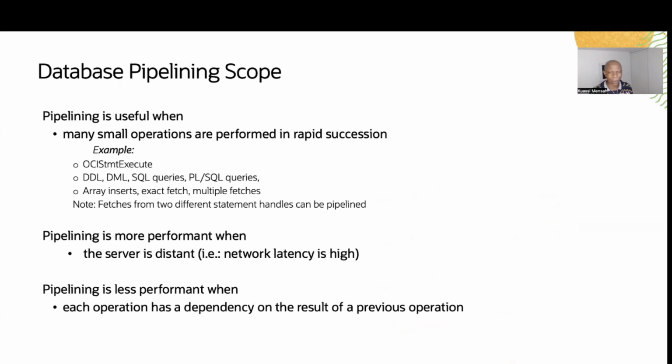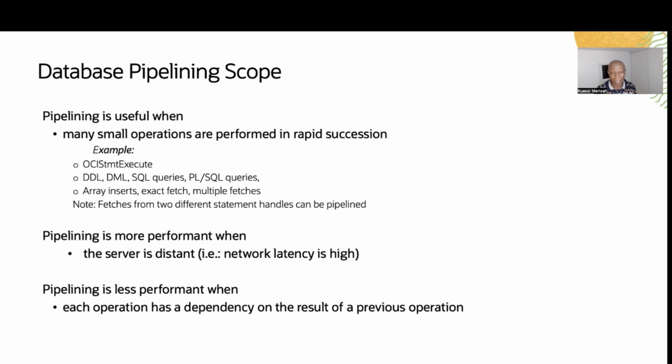Okay, so what is the scope of database pipelining? When do you want to use it? I already mentioned it, but it can be when you need to perform small operations in rapid succession. This is an example of OCI statement execute, but you can translate it into JDBC execute, right?